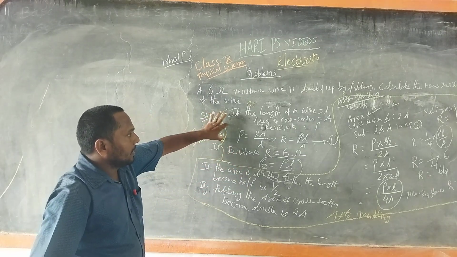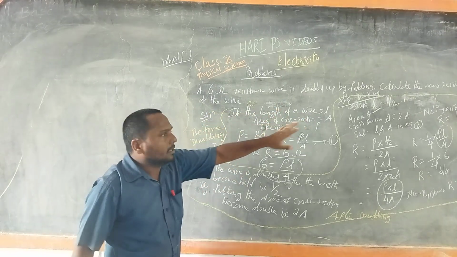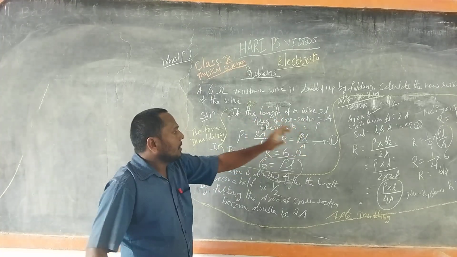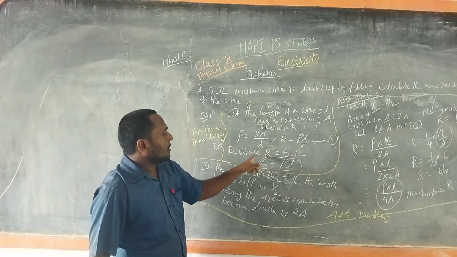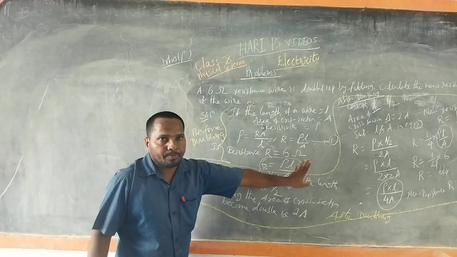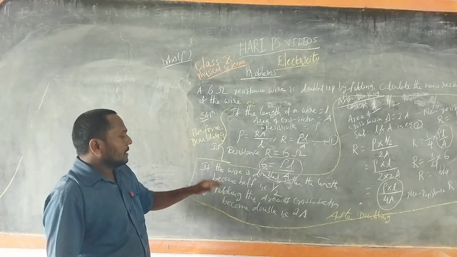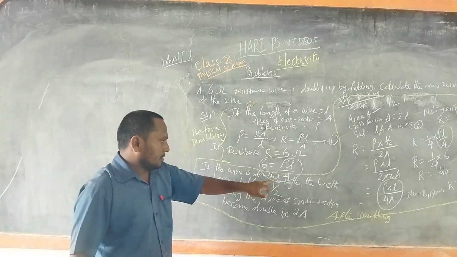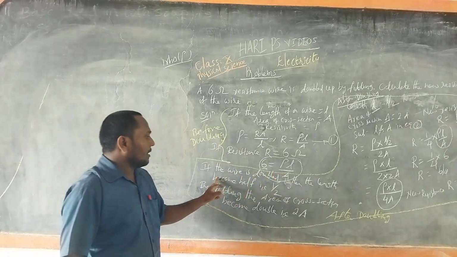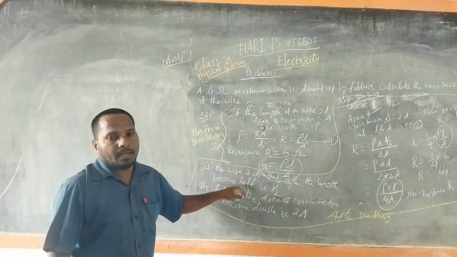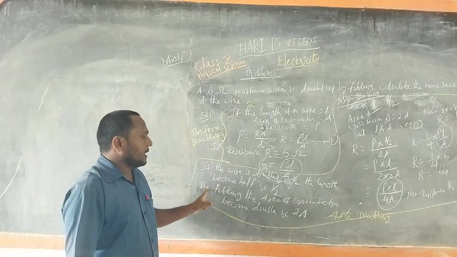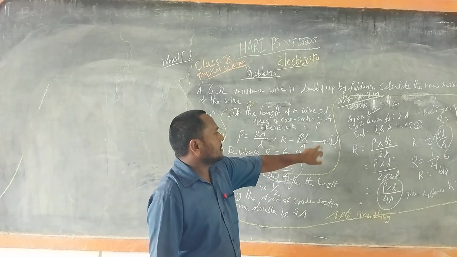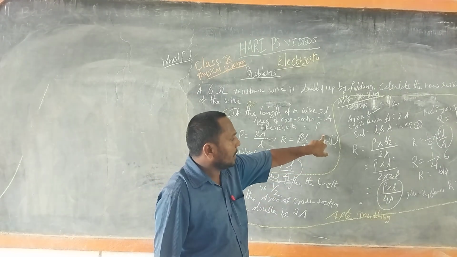So before doubling, the length is L, area of cross section A, resistivity rho. According to the problem, the resistance is given as 6 ohms. After doubling, the length becomes half and the area of cross section becomes double. So these values should be substituted in equation 1.